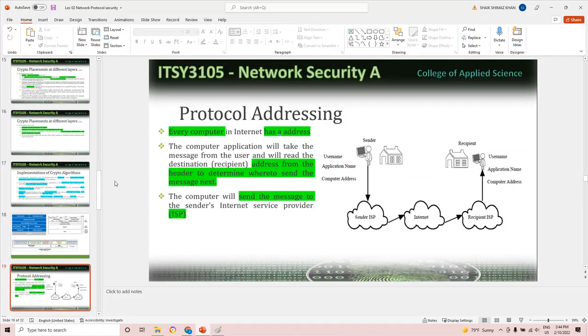Now next we are going to see protocol addressing. When a user wants to communicate with another user on the internet, how is the data transmitted? The user connects to the service provider.